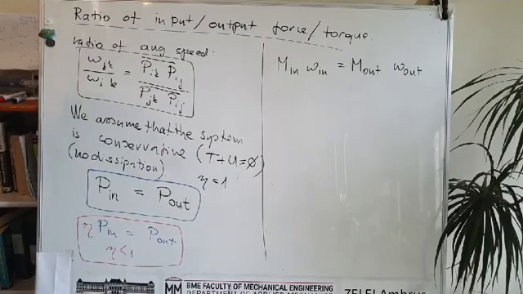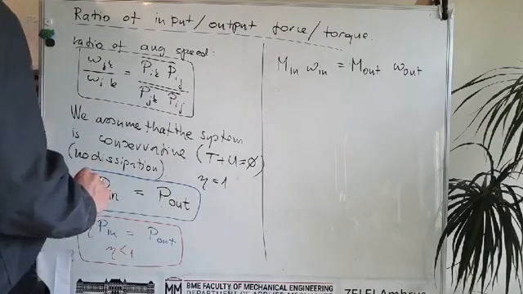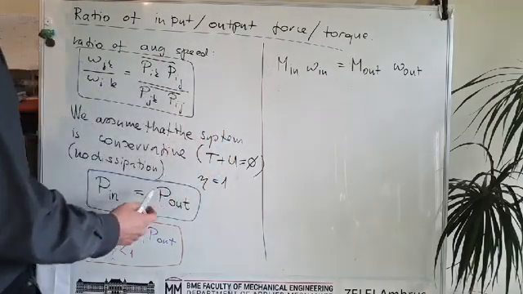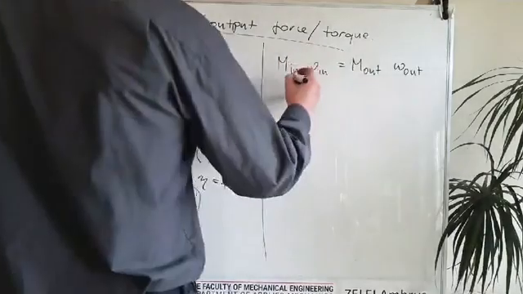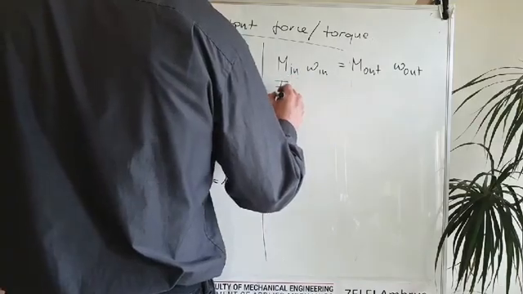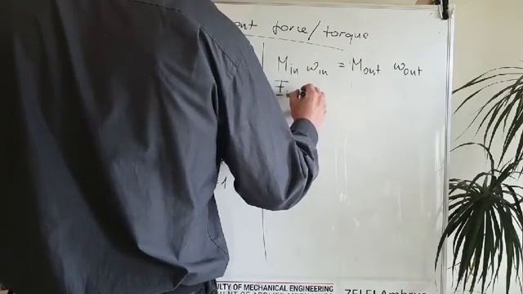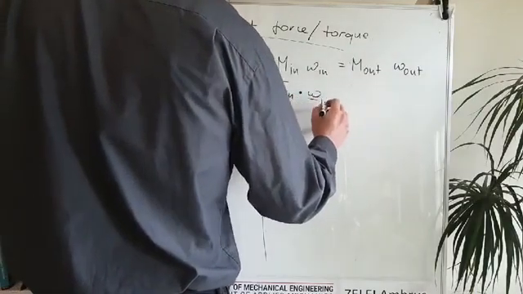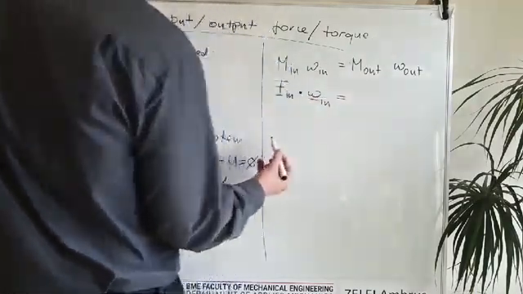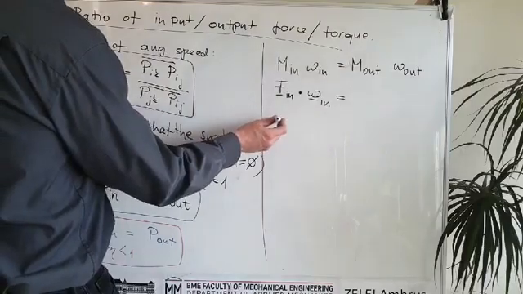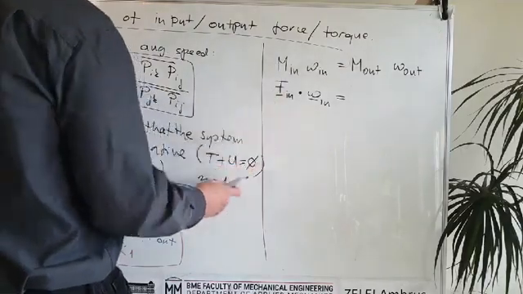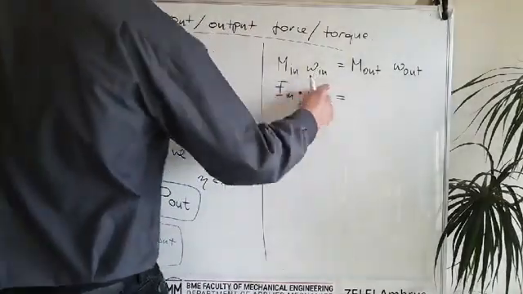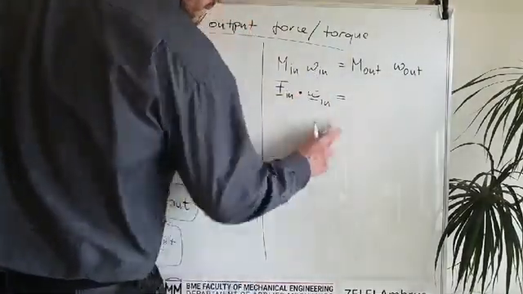And then we can also say that if there is no torque but there is force, then the input force scalar product input velocity equals the output force scalar product output velocity.